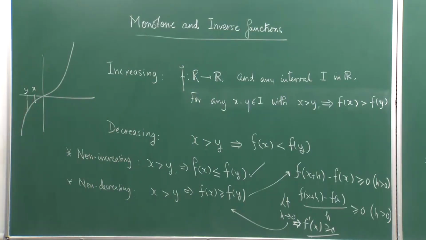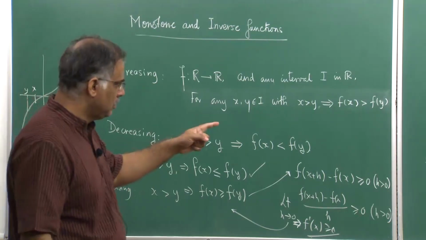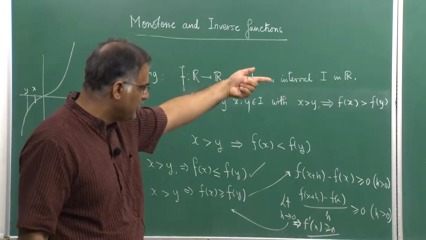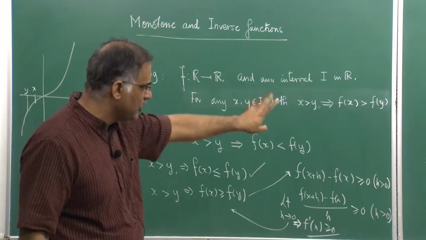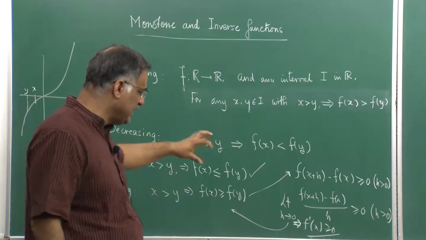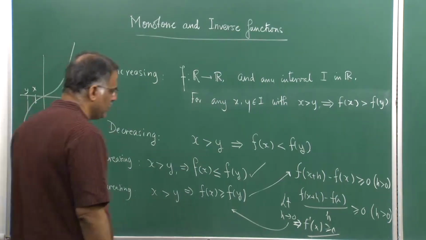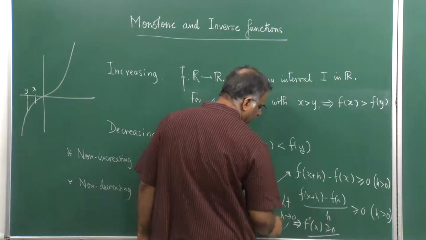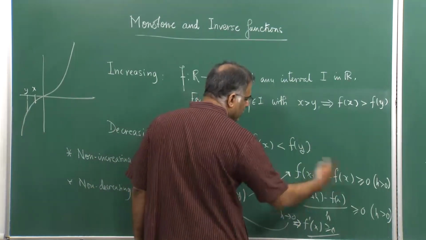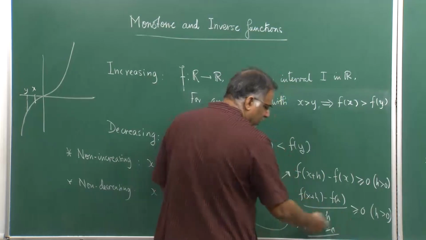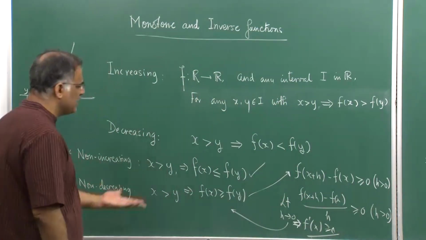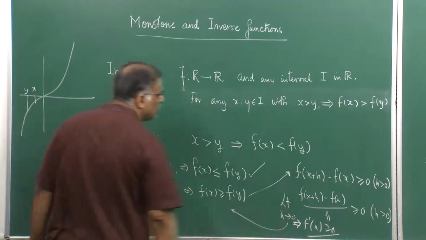In the strict case it is sufficient but not necessary. But here, is it both necessary and sufficient? That is what we want to check. It is necessary is obvious because here I have taken the limit h going to 0 plus, but because the derivative exists, we get it. But what about the reverse in this case? That is the question that I want to ask.